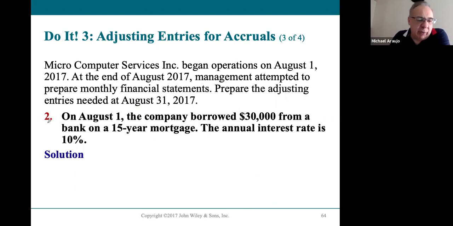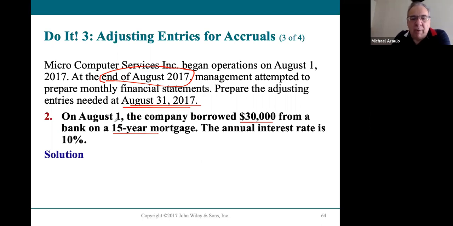This is always a tricky one when you get to the loans, because people start looking at, okay, it's 30,000, 15 years. We don't care about that. All we're doing is what interest is subject to an expense in August, that 1 month. That's it. We're not looking at the 15-year period. We're only looking at what's happening at the end of August for that month.